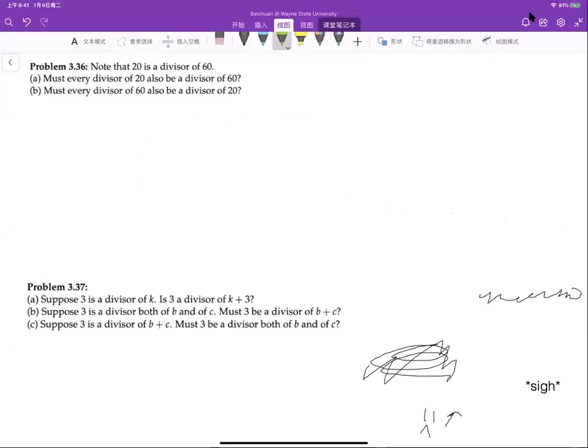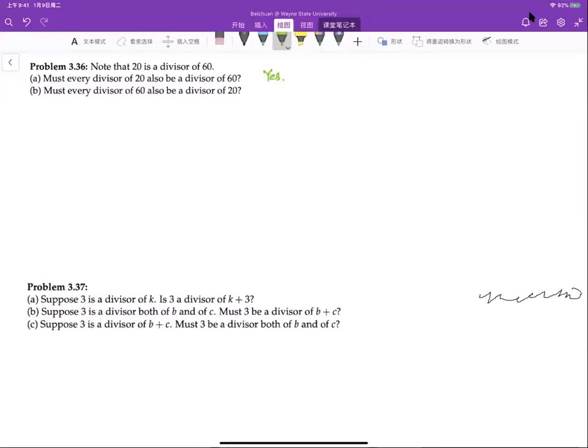Thank you. Let me go through them very quickly. The first one is yes. Every divisor of 20 must be a divisor of 60. You can check that by trying any divisor of 20. You can also consider the prime factorization.